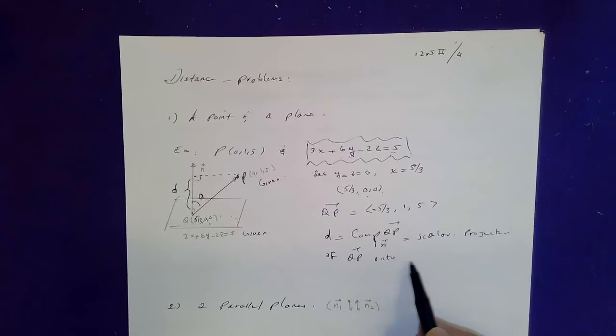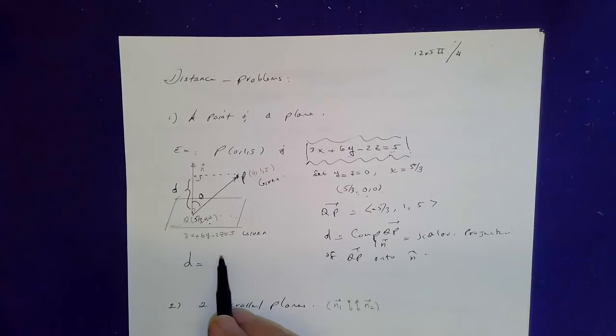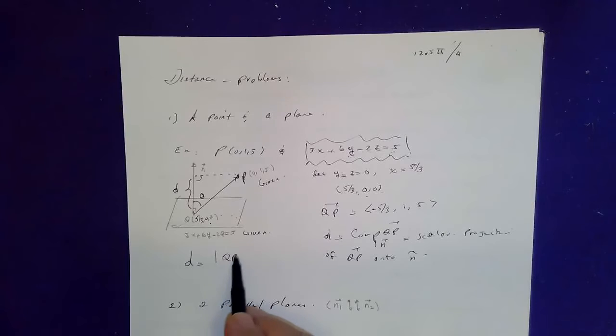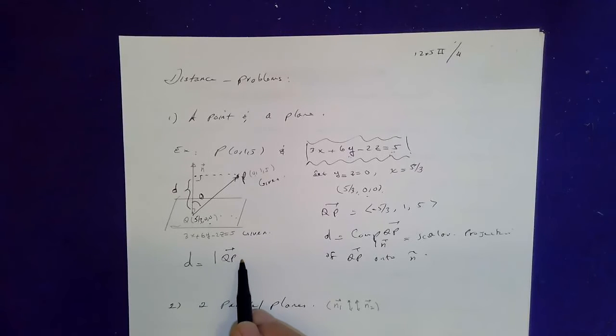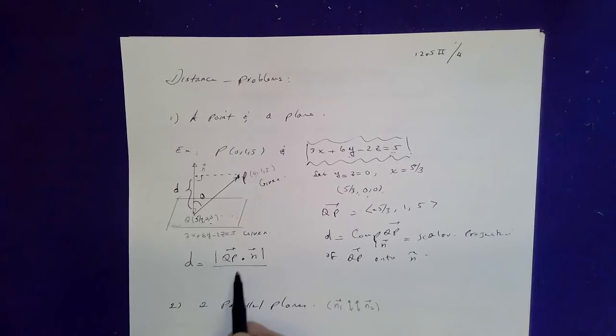QP onto N. So how do I do this? Well, remember the formula was what? Absolute value of what? QP dotted with N divided by the magnitude of N.